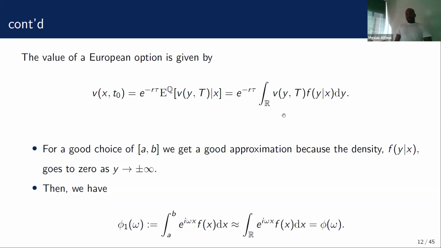So then we can have the following. In the Fourier transform space, we can write the function in this way. This is the approximation of the function, but this is the actual Fourier transform, which is what we are going to need, when you integrate over the entire real line.